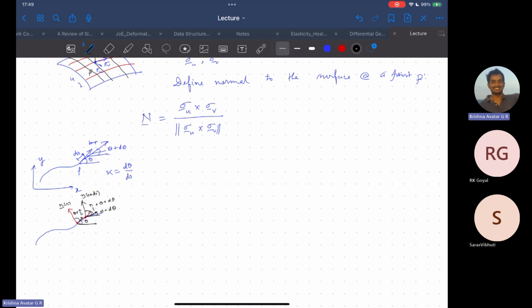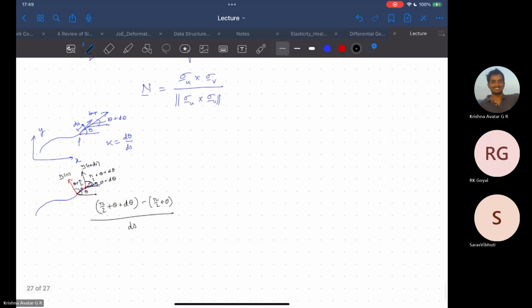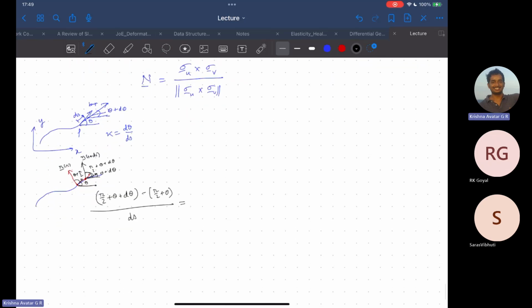So the way we would see it is we would have pi by 2 plus theta plus d theta, minus pi by 2 plus theta, divided by ds. So let's just look at this quantity. The pi by 2 cancels out, theta cancels out, and we see that, oh, we get the same quantity.